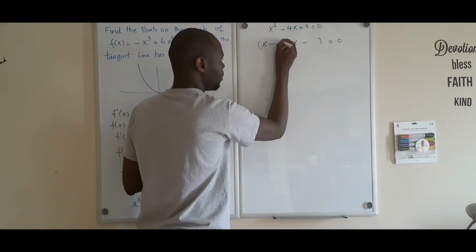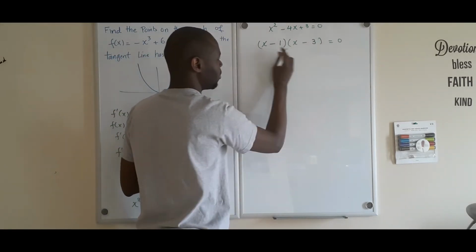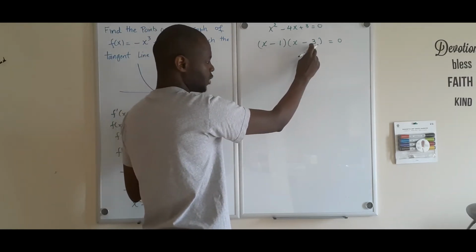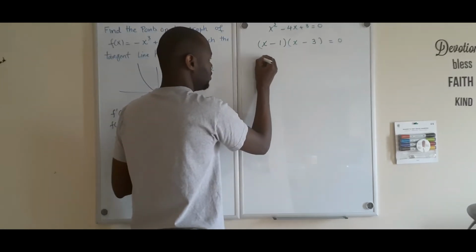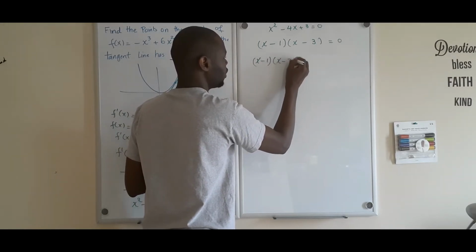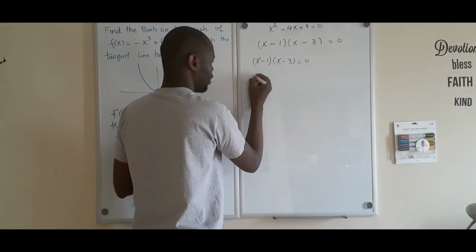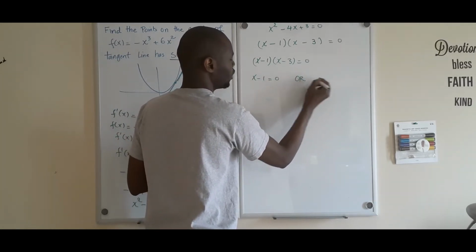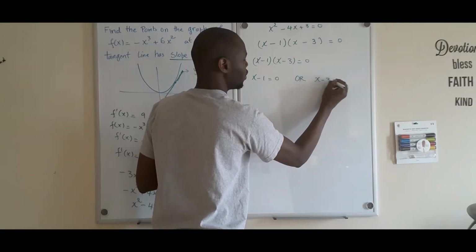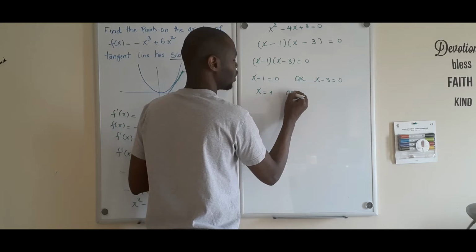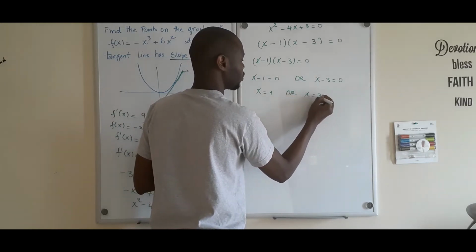That would be minus 1 and minus 3. Minus 1 minus 3 is minus 4. Minus 1 times minus 3 is positive 3. So this means x minus 1 times x minus 3 equals 0. Therefore, x minus 1 equals 0, or x minus 3 equals 0. So x equals 1 or x equals 3.